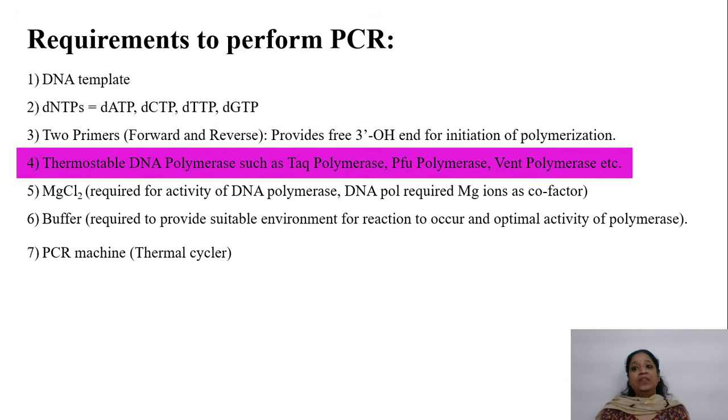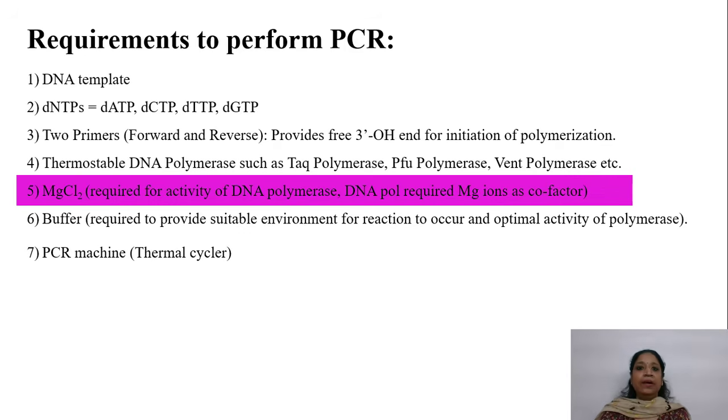This enzyme is the key point of PCR because it can withstand the high temperature used during the denaturation step of PCR and synthesizes new DNA strands by adding nucleotides to the primer. Other polymerases like Pfu and Vent polymerase are used for specific purposes, especially when higher fidelity is required.